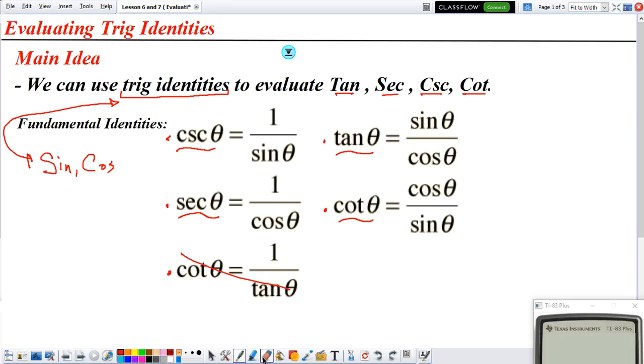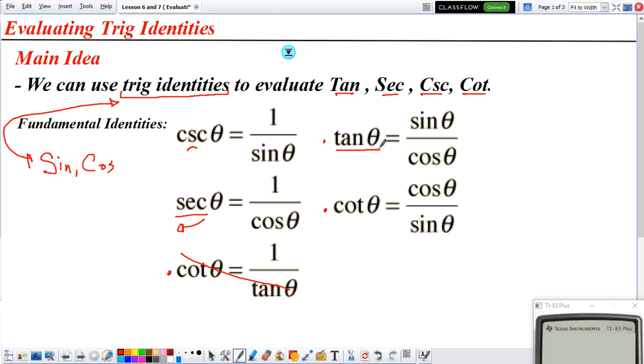One way for me to memorize them is that secant, if you read it backwards, kind of looks like cosine. So secant is equal to 1 over cosine. Cosecant has an s in the middle, so that says 1 over sine.